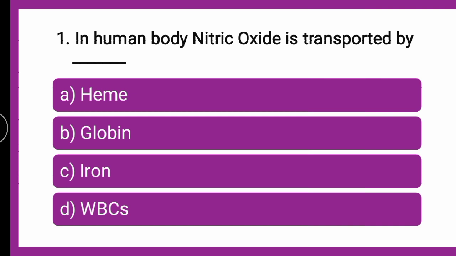Now nitric oxide is involved in the regulation of blood pressure, and it also relaxes the bronchial smooth muscle. So is the transport done by the heme part of the hemoglobin, or globin, or iron, or WBCs? Which amongst the given is the correct answer?